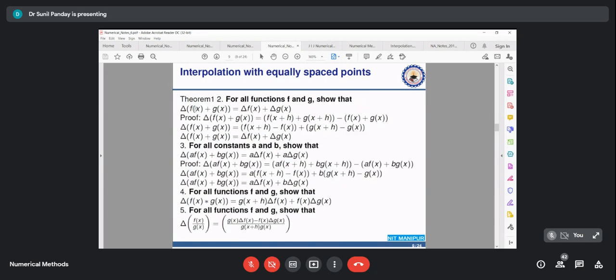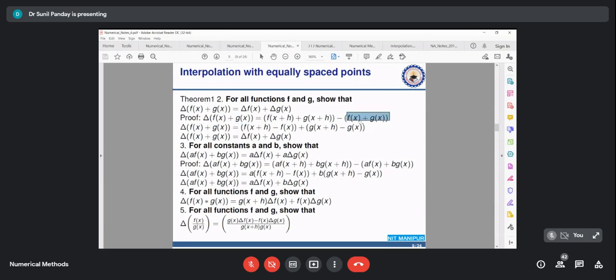Now if you have two functions f of x and g of x, and you apply the forward difference to their sum, it is actually forward of f of x plus forward of g of x. The proof is simple. This is forward of f of x plus g of x, and from the definition, we write the value of this at the new argument x plus h, that is f of x plus h plus g of x plus h, and then minus this thing as it is.